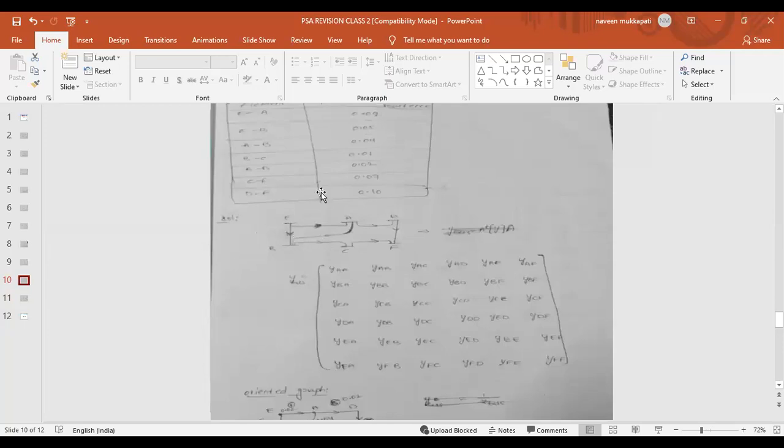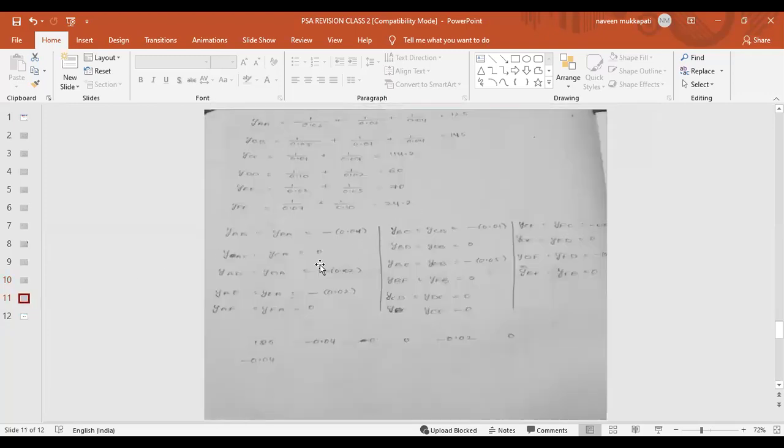By observing this graph, is there any connection between A and C? If there is no connection between A and C, then it will be taken as 0. That's why YAC is equal to YCA is equal to 0.